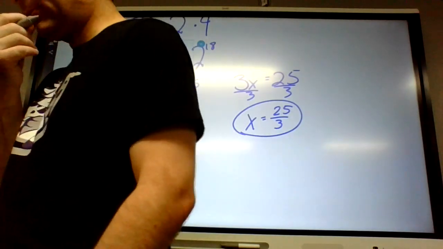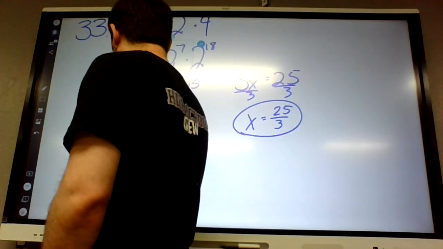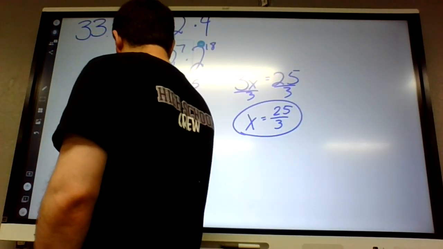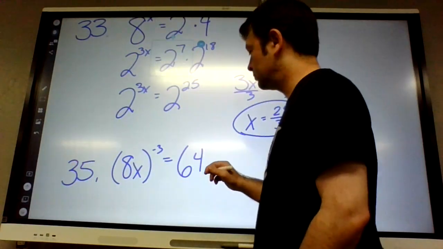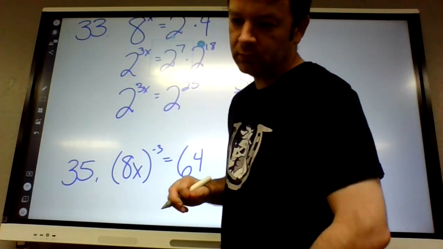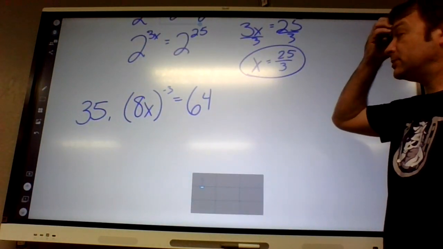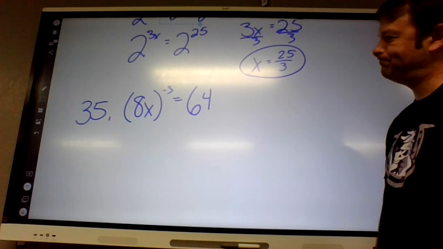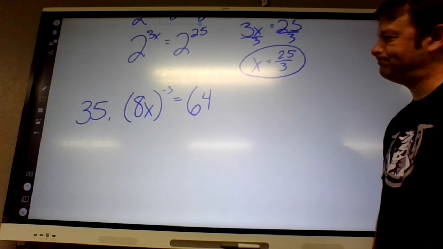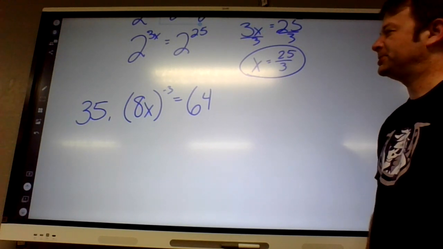Oh, that's my place. 8x to the negative 30. All right. I'm not sure what the easiest way is.